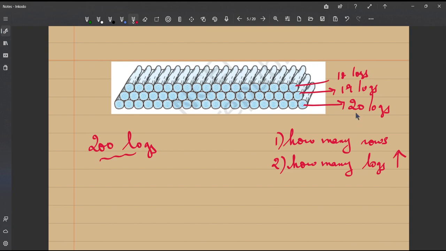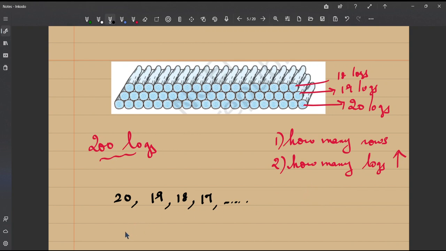So I think you can just pause this video and try to find out the answer on your own. Okay, since you're back to this video now, let us try to work out how to go about it. So the bottommost row has 20 logs. Let me write it down: 20, next 19, next 18, 17, and this will go on till all the 200 logs are completely stacked.